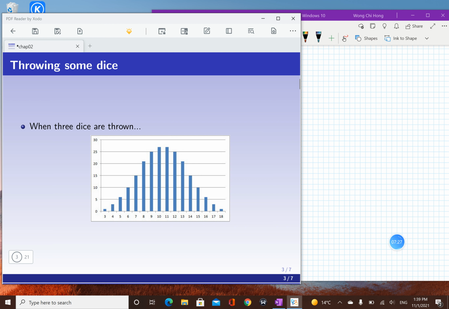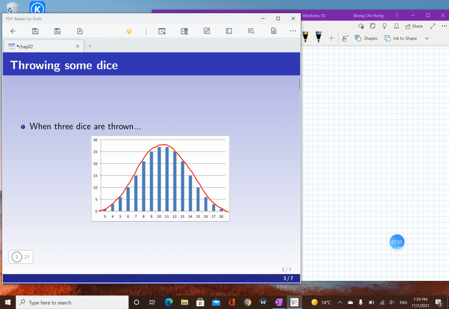You may notice it looks kind of like one of those bell-shaped curves, if you're familiar with statistical functions such as the normal distribution. It's not exactly that yet, but it's still nicely symmetrical.